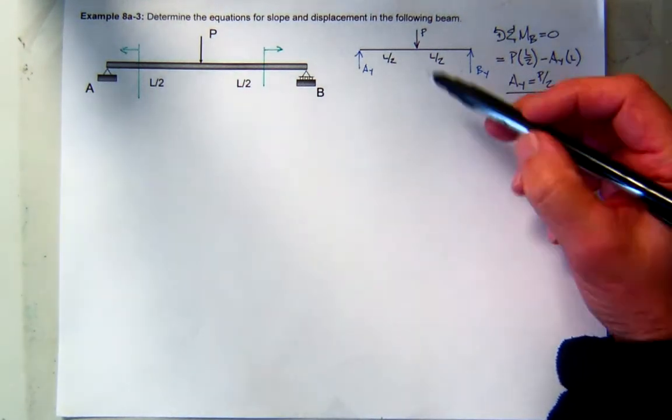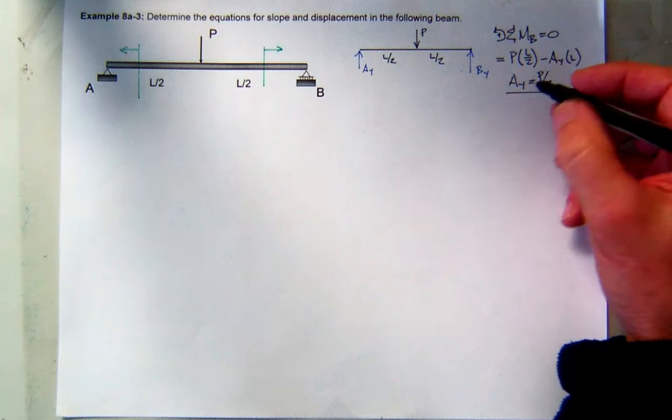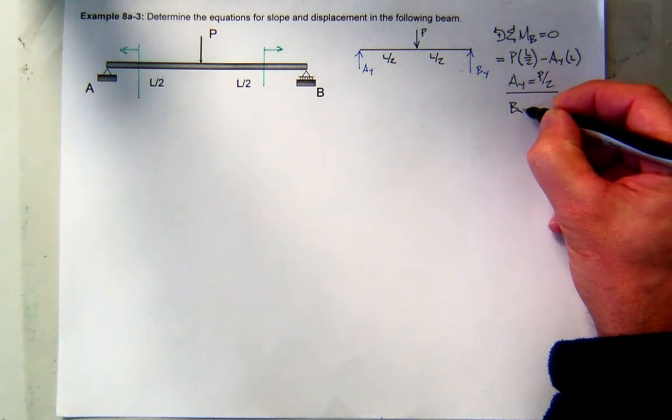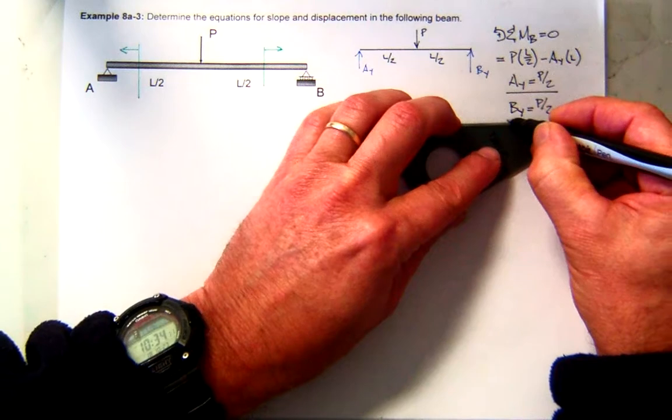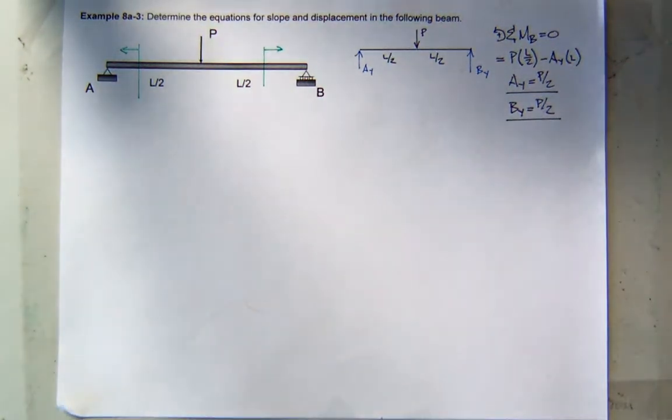If I sum forces in the Y direction, what is BY going to be? It's also going to be P over 2. So I'm going to shortcut that a little bit. I think you can get that.